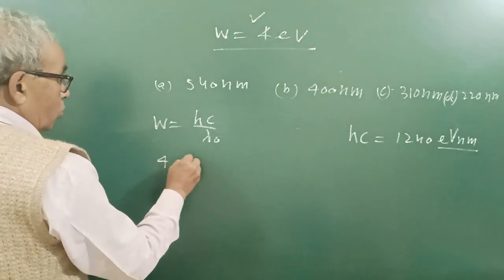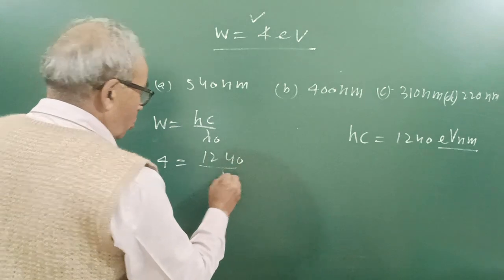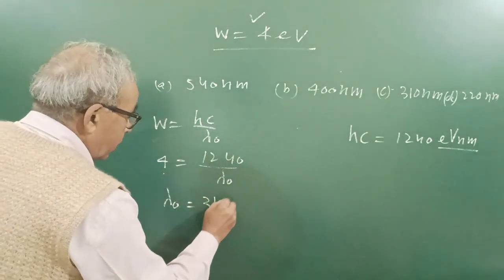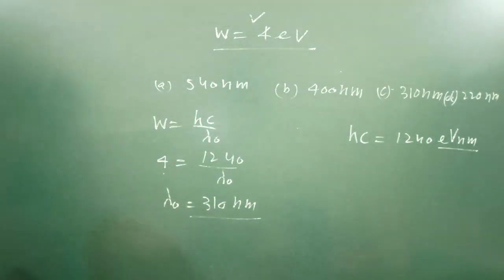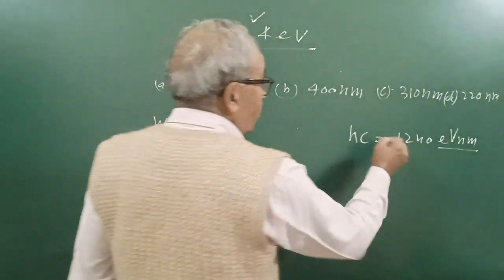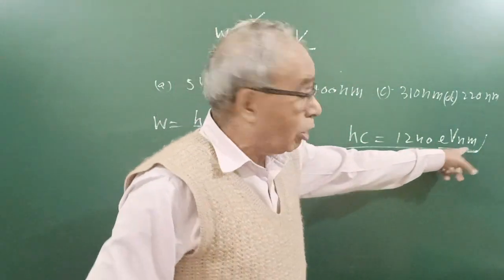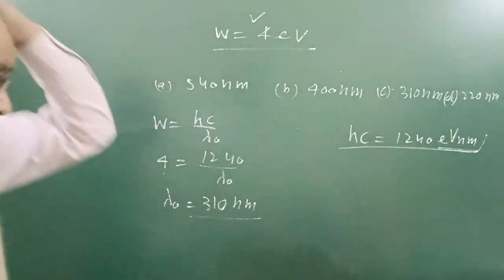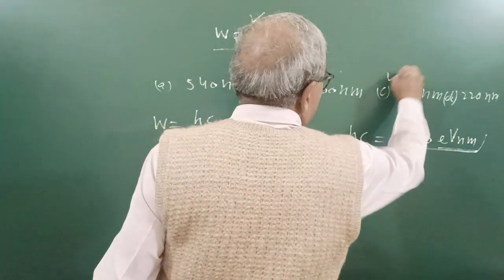So 4 is equal to 1240 upon lambda 0. So lambda 0 is equal to 310 nanometer. 310 nanometer direct. But remember, you have to remember this: hc in electron volt nanometer is 1240. So answer C.